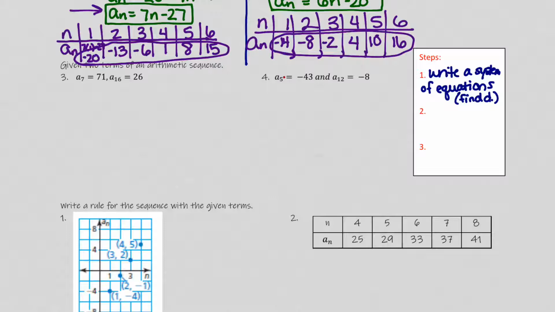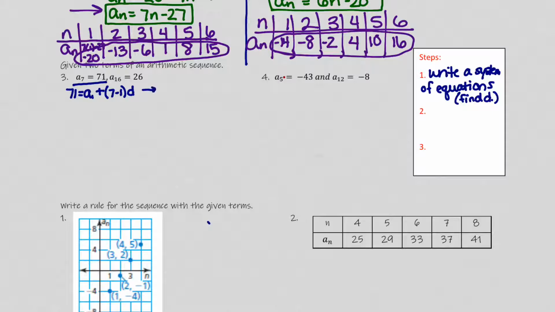So this one right here tells me n is 7 and an is 71. If I write that out using the equations that we know, we get the equation 71 equals a1 plus, and this is where I want the n minus 1 here, and d. n is 7. We don't know d and we don't know a1.